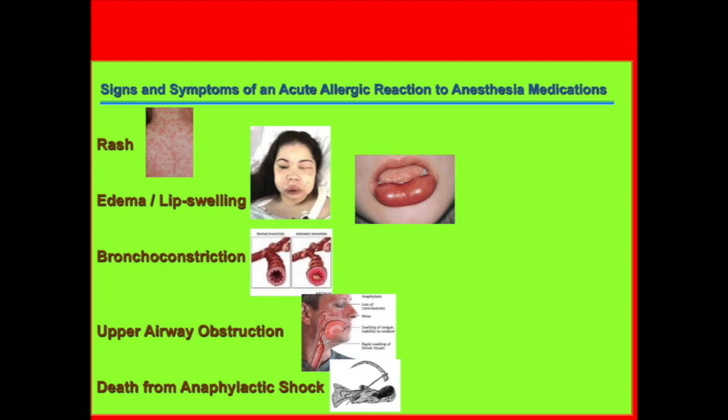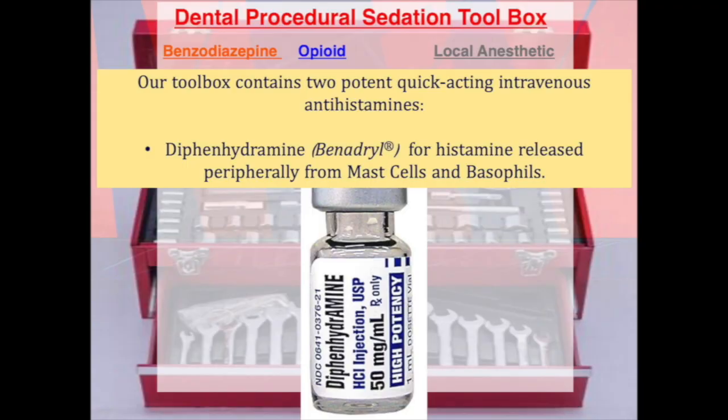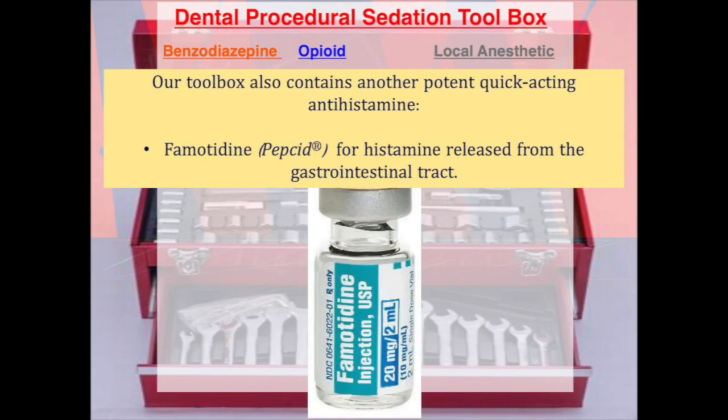Fortunately, that's extremely rare. So we've got the antihistamines, Benadryl, and we've also got famotidine. We put out histamine from our mast cells and our basophils, as we said. So if you give Benadryl, that's going to take care of a good part of the histamine that's outpouring.